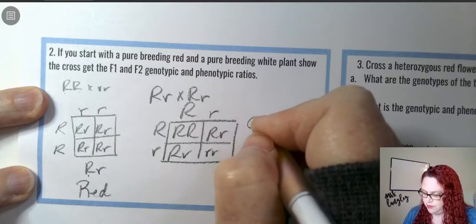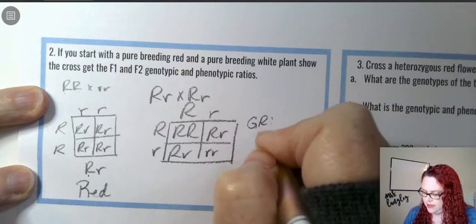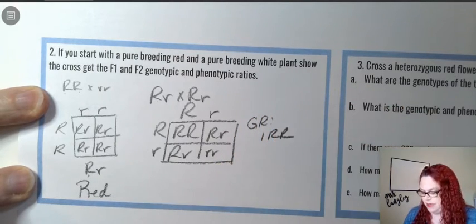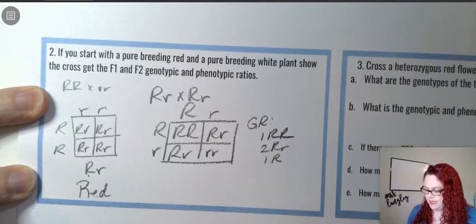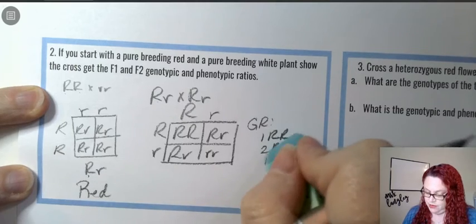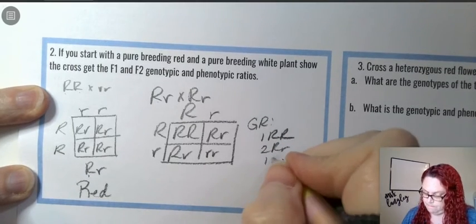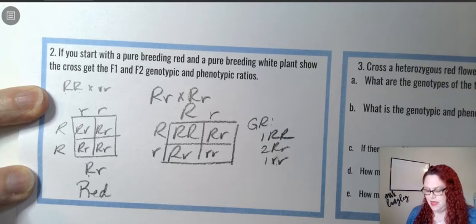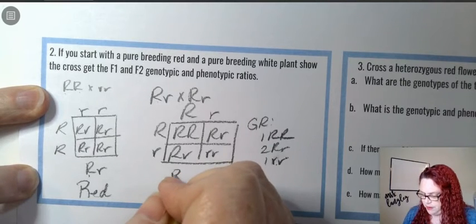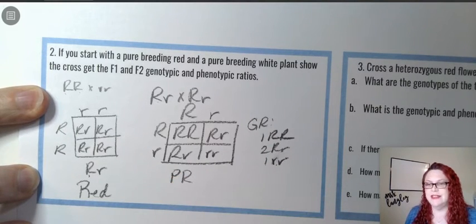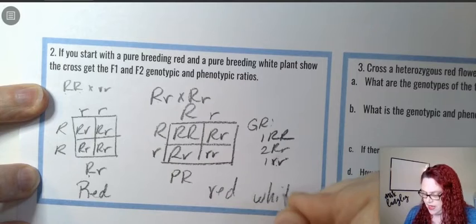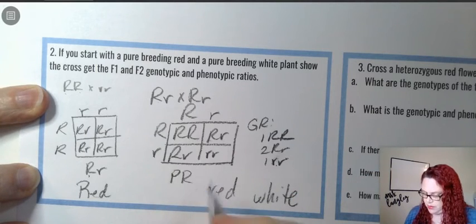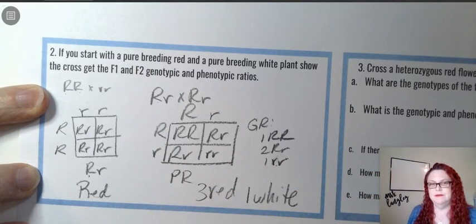My genotypic ratio is 1 homozygous dominant, 2 heterozygous, and 1 homozygous recessive. But you got to write it correctly. There we go. And for our phenotypic ratio, remember that is what we can see or what we can test for. So that would be red or white. And I had 3 that are red and 1 that is white.